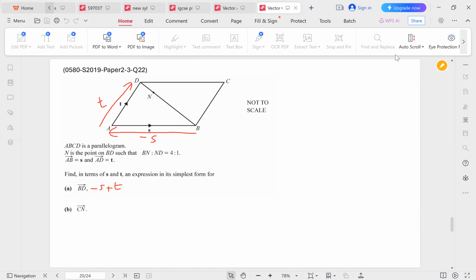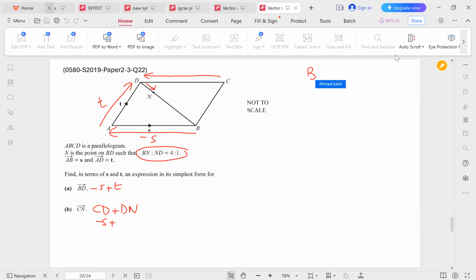For the second one, we want to go from C to N. So to go from C to N, we would take this path followed by this path. So let's write it down in terms of letters. So this would be CD plus DN. CD is basically negative S as well. And we need to find DN. So to find DN, we're going to use this ratio here. We have BN and DN, so we're going to write the triple ratio as usual.